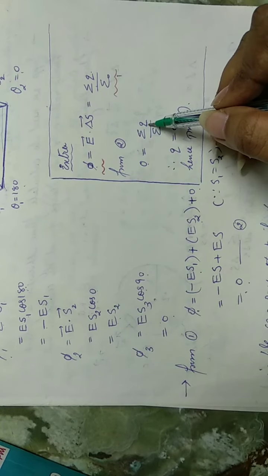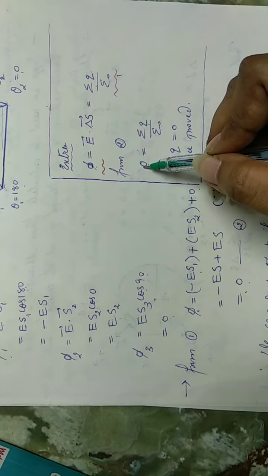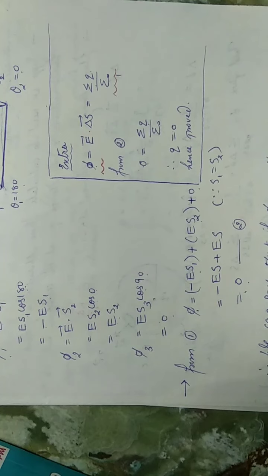So I'll make Q the subject of the equation. Then this epsilon naught will go to the other side and I'm going to obtain Q equal to 0. Hence we have proved it in both ways that if there is no flux passing through the closed surface, then there won't be any charge in the closed surface, or else you can say that when there is no charge enclosed in the closed surface, then the flux passing through the closed surface is going to be 0.